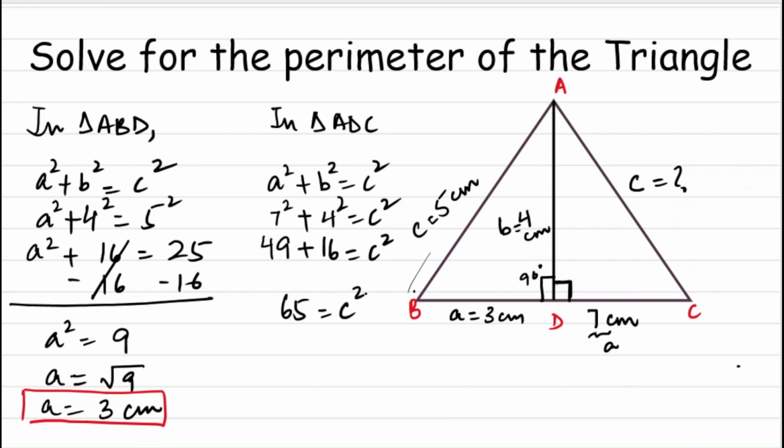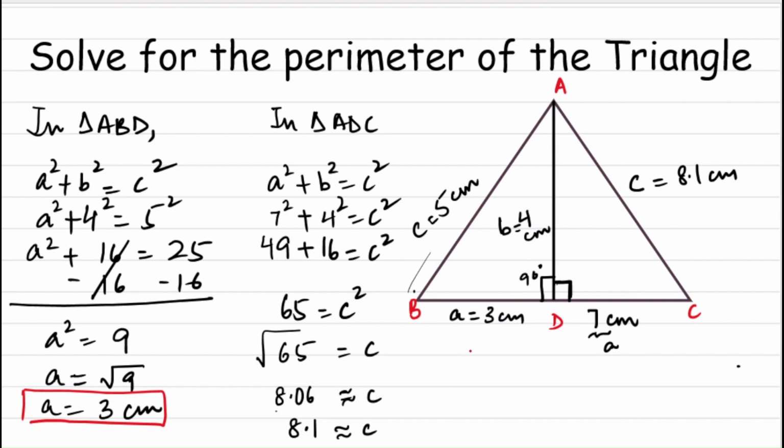So 65 is c square, and to find c, I will take the square root of 65. Either you can estimate it or use your calculator. So c comes out to be approximately 8.06, which I can write as 8.1, or 8 and 1/10. So this side comes out to be 8.1.